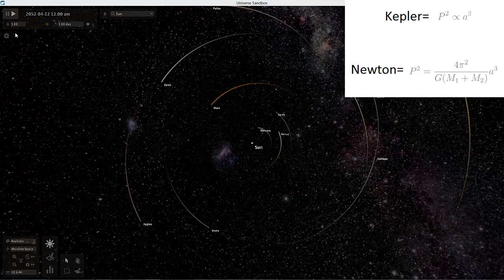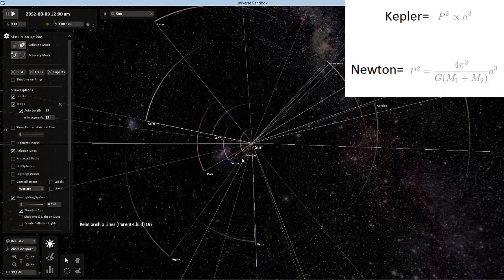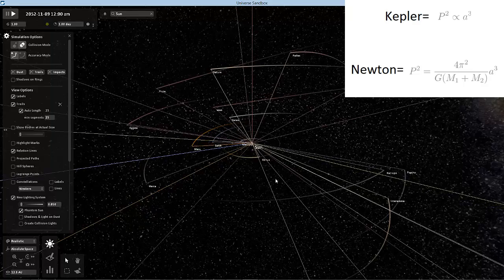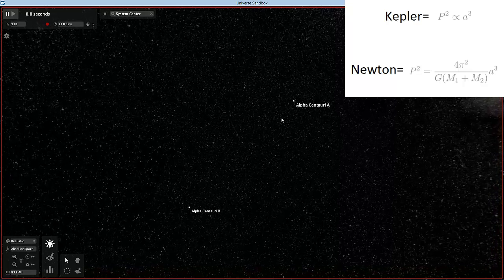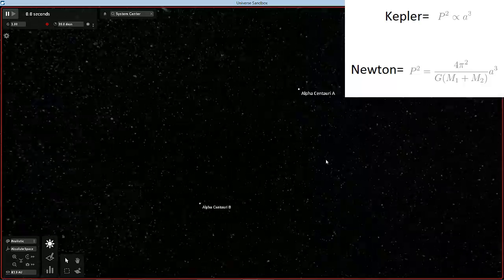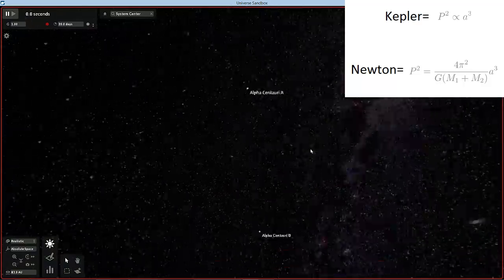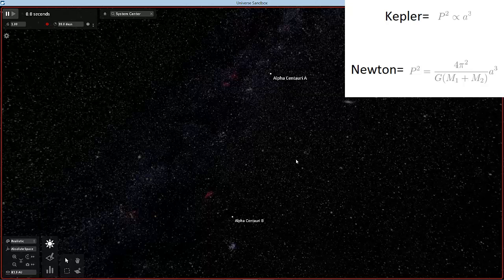And before I get into these rules, one thing I want to mention is the relevant line. Basically it shows what everything is orbiting around, which is very important for a second. This is a binary star system. There's really an Alpha Centauri C, which is the closest solar system that exists, but I only have up the Alpha Centauri A and Alpha Centauri B, in order to show you a binary system and show you what Newton was going for.